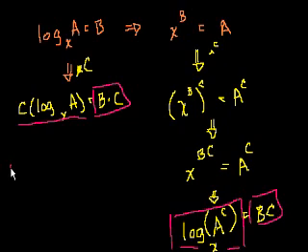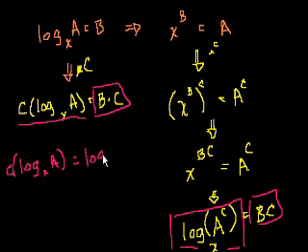So c times the logarithm base x of a equals the log base x of a to the c. You could take this coefficient and instead make it an exponent on the term inside the logarithm. That is another logarithm property.